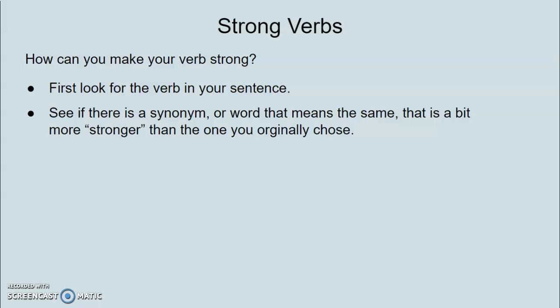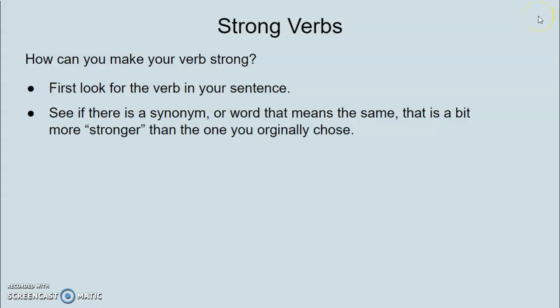Now remember, back in the beginning, I did say that it's much easier to start looking and adding these strong verbs as you're writing than it is to go back and add them later. So as you start writing all your future pieces, you want to make sure you are writing these strong verbs in as you go along instead of having to go back and add them later.